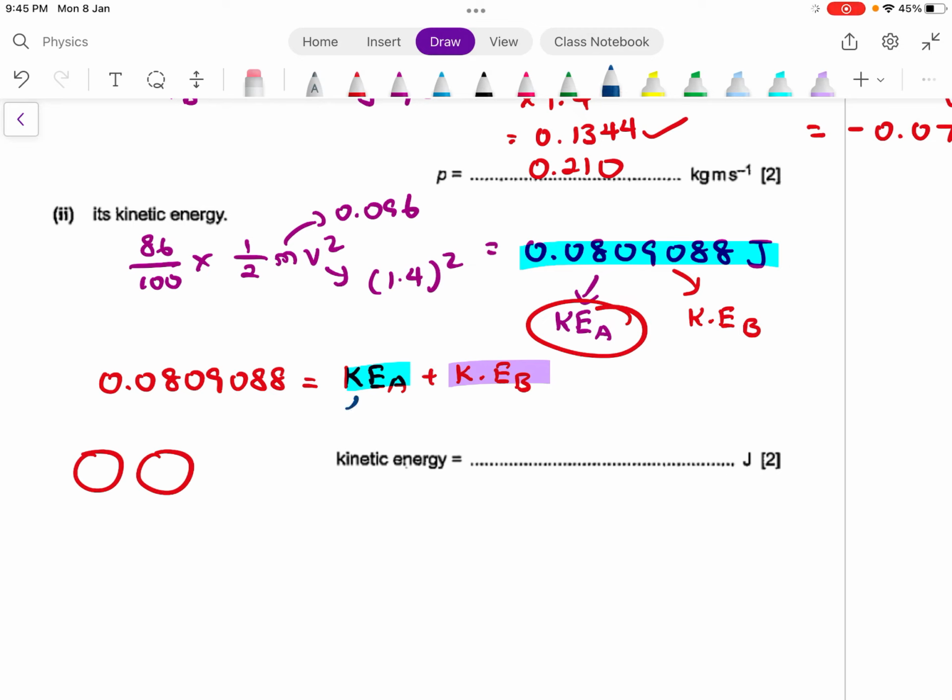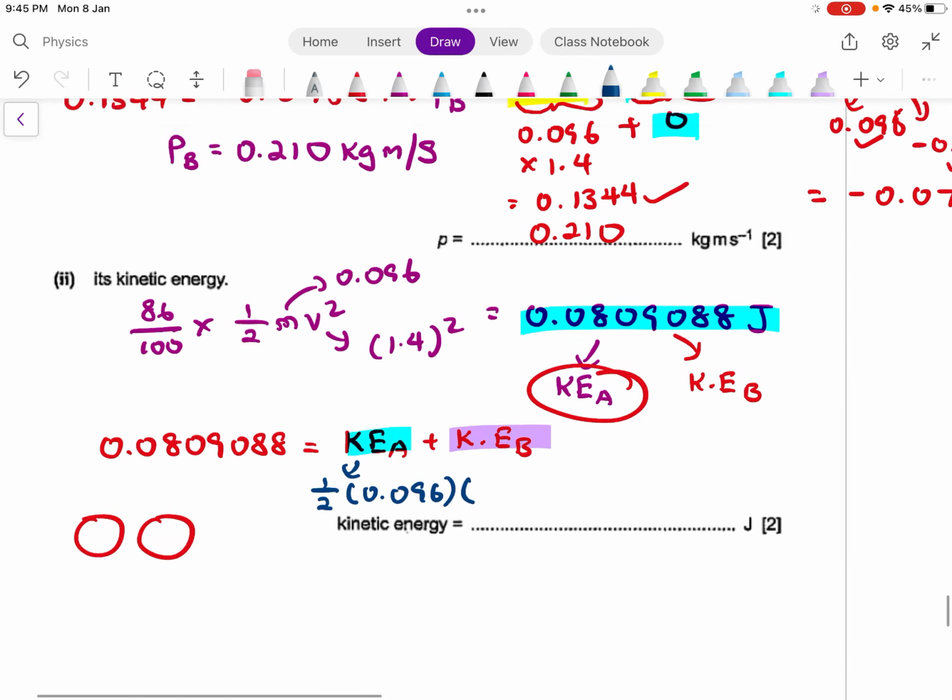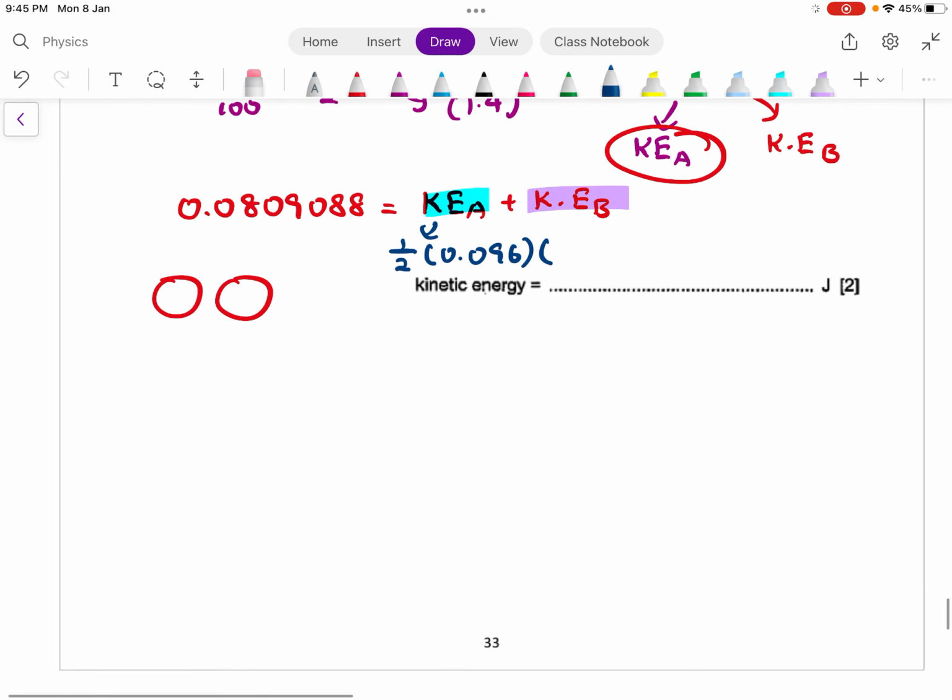So kinetic energy A will be half, 0.096, then v squared is your 0.79. I don't need to include the negative because I squared, then it will be positive. So I just need to calculate the kinetic energy of B.